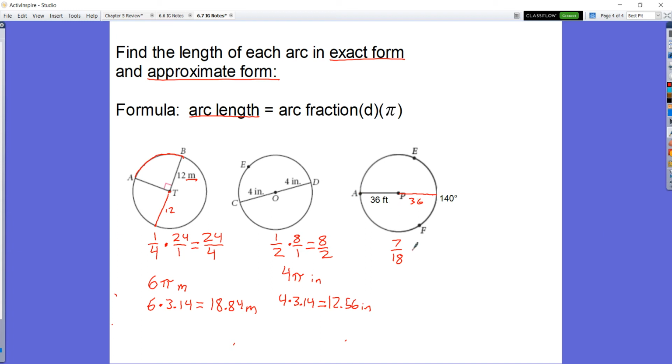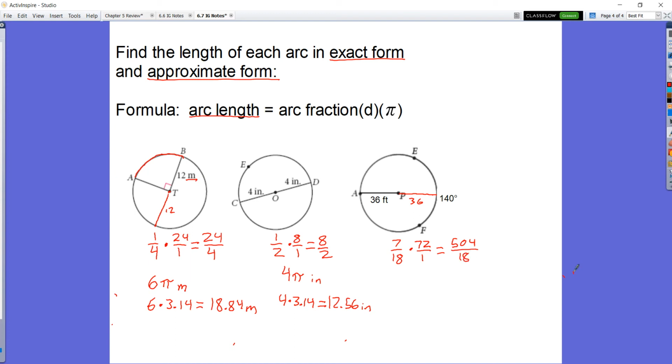So we multiply that fraction by 72 over 1 because that's my diameter. If you multiply those straight across, you get 504 over 18.